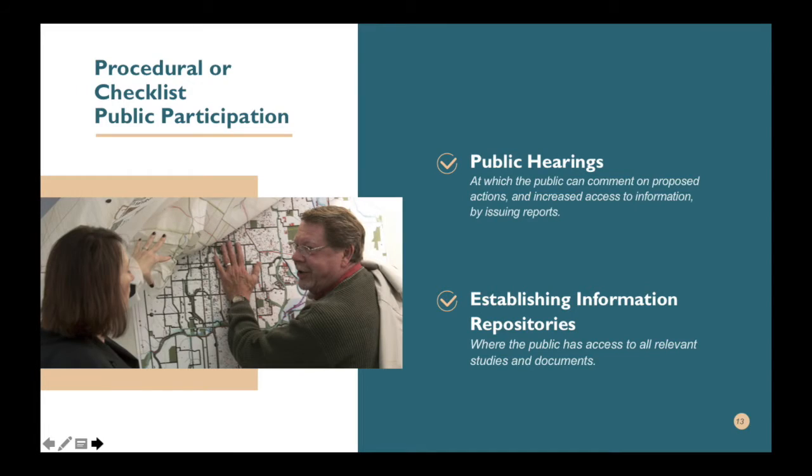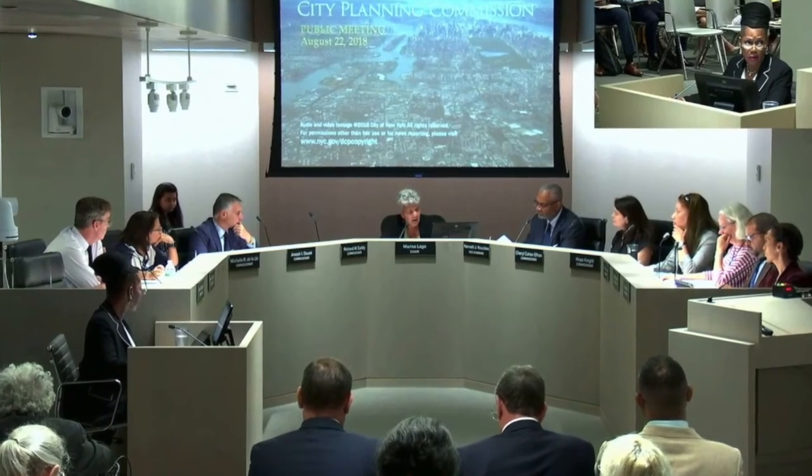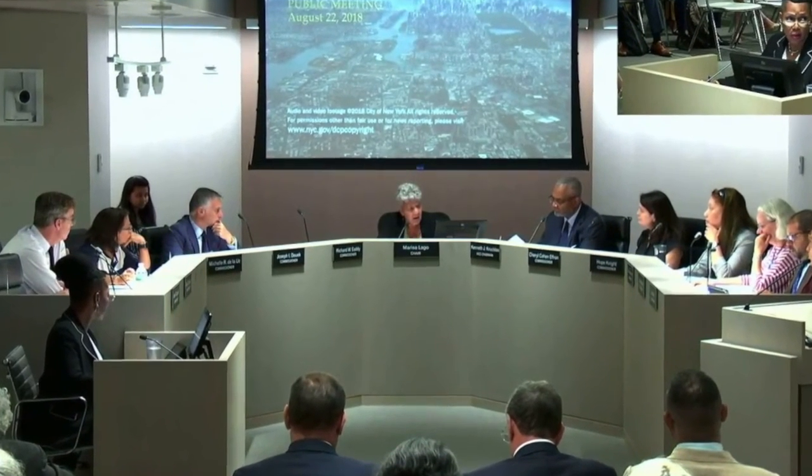Creighton also discusses what he calls procedural public participation, or even checklist public participation. And here the public hearings are part of this procedural public participation. You have to have a public hearing if it meets X or Y criteria.